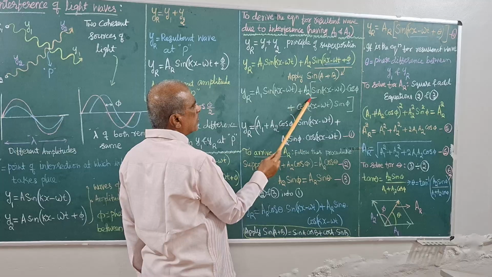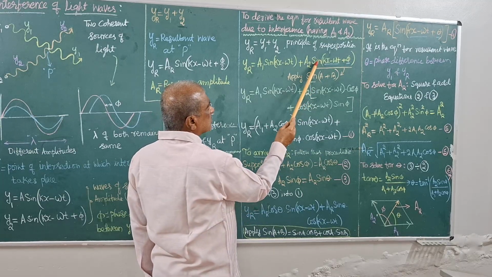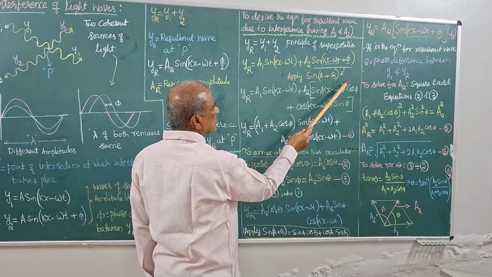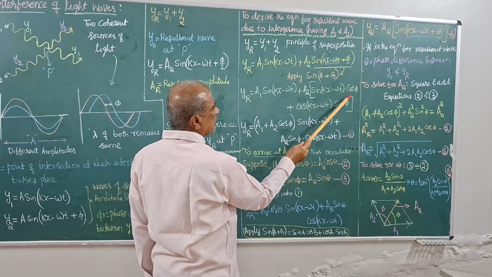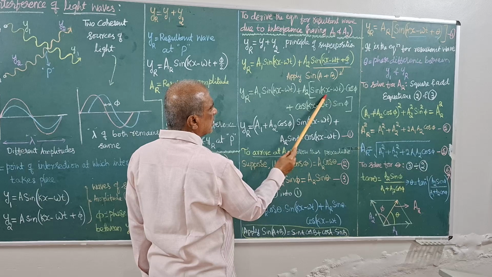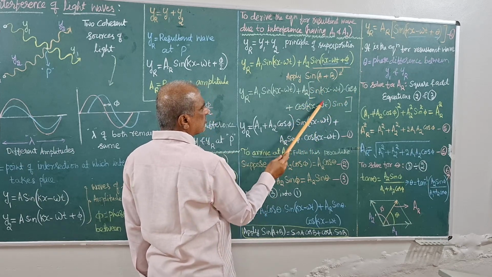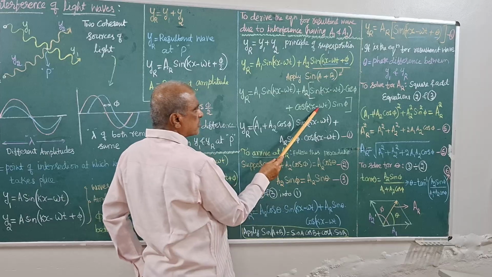A2 is common, and inside, sin A cos B, cos A sin B. A is kx minus omega t, B is phi, and we get this equation.